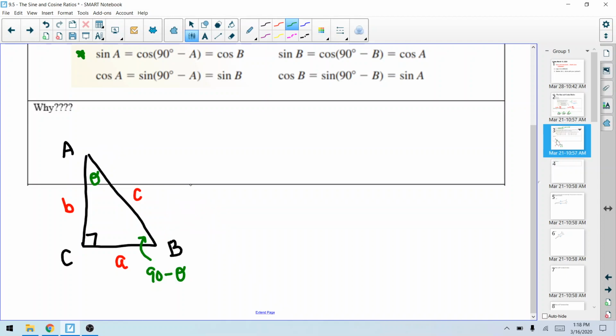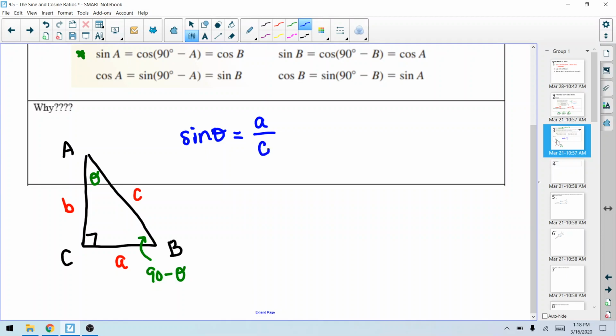Okay, now let's go look at this theorem. I'm going to start with the sine of theta. Now the sine we just discussed is the opposite over the hypotenuse. So if I go back to theta, which is angle A, and I look to the opposite side, go across the triangle, that's going to be little a, over the hypotenuse, which is little c.